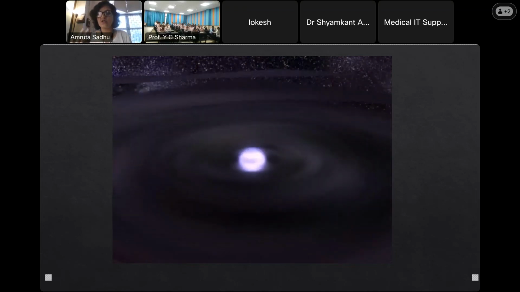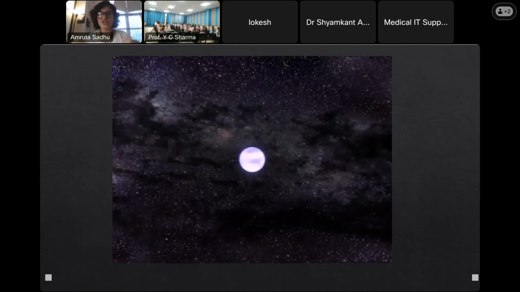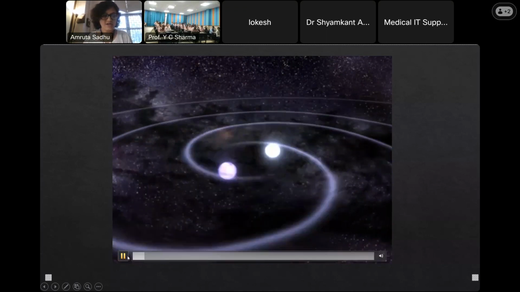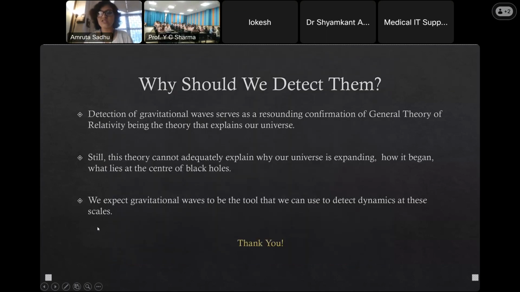As the two colliding black holes merge, they lose energy through gravitational waves and become one final black hole. This is the event that we essentially looked at.